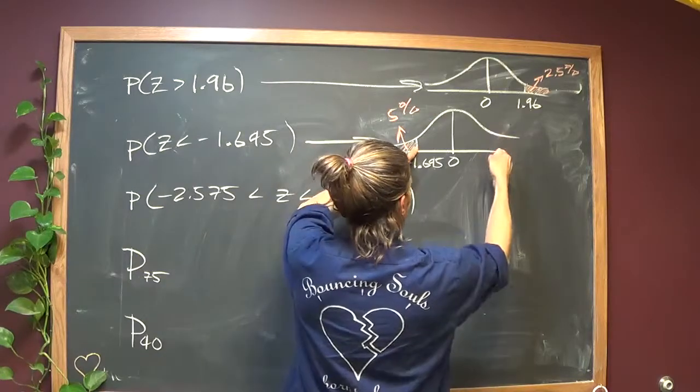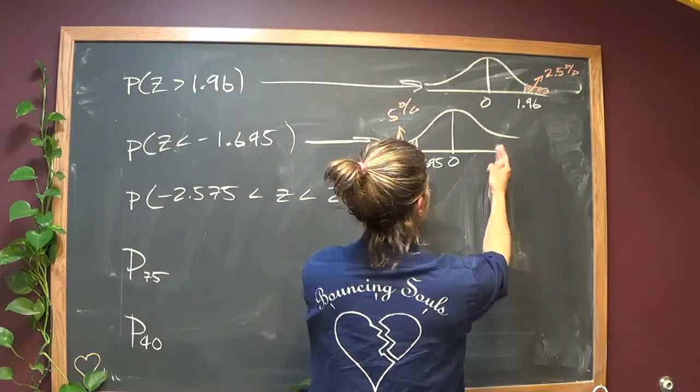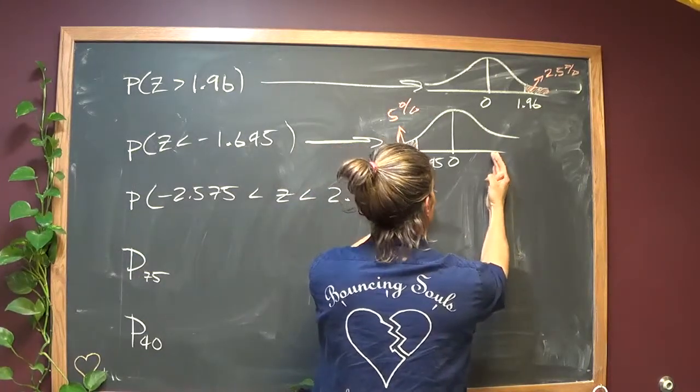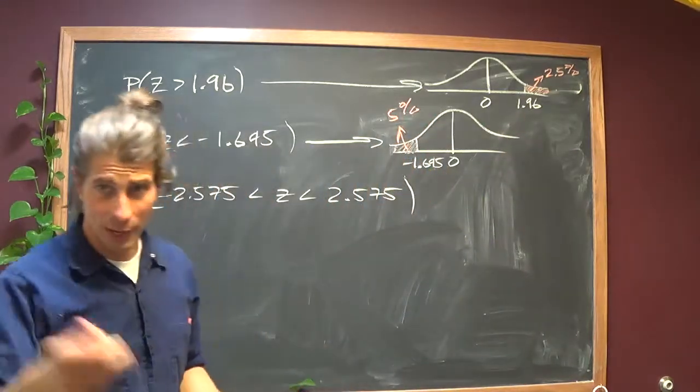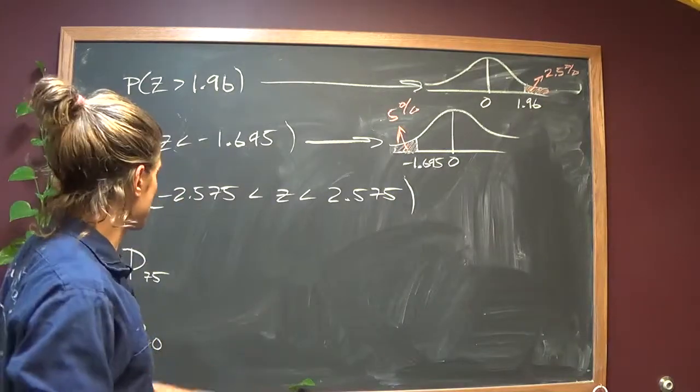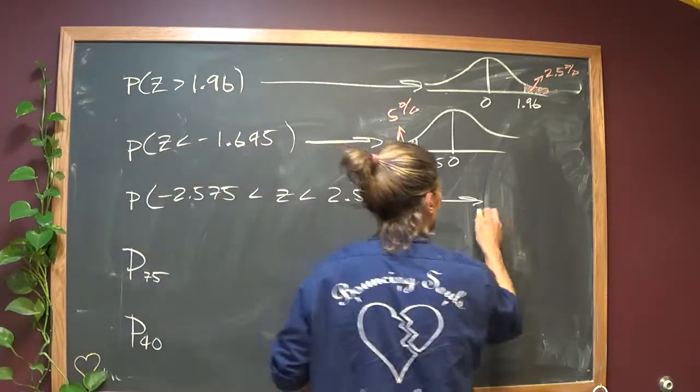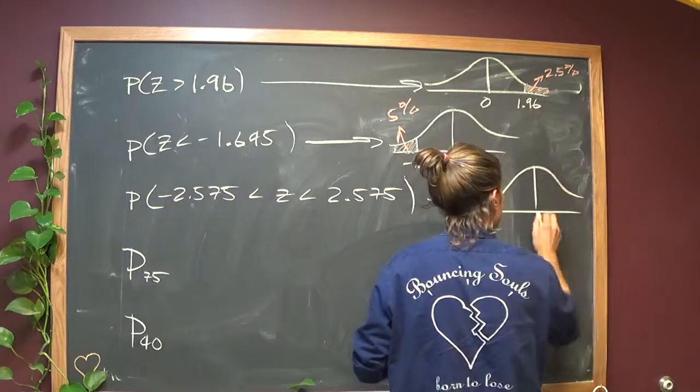So if you were to cut off positive 1.645, so 1.645 standard deviations is the cutoff for the middle 90% of the data. More on that in 244 if you take that journey with us. This is another one that's fairly unique to an inferential stat course.